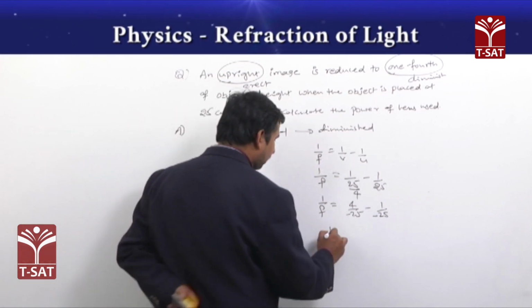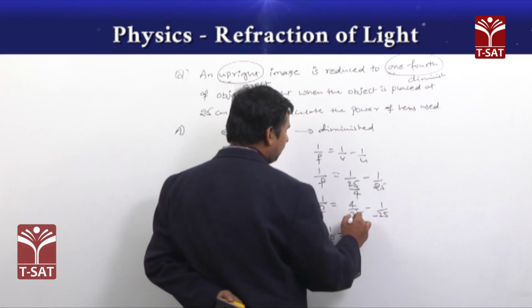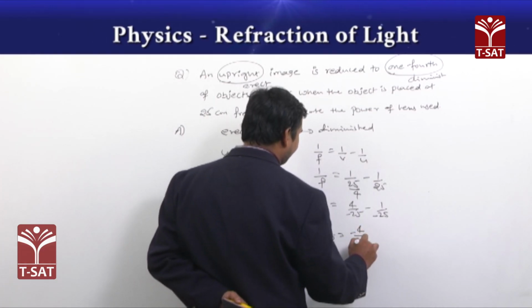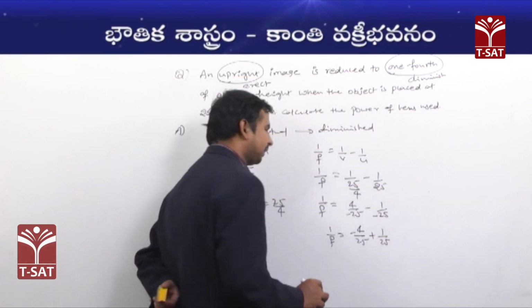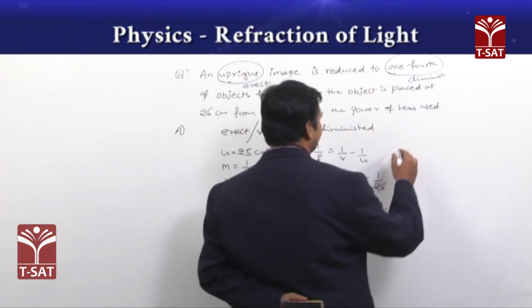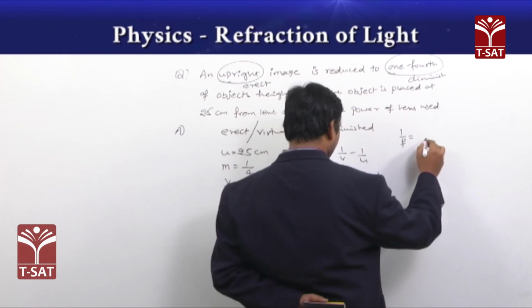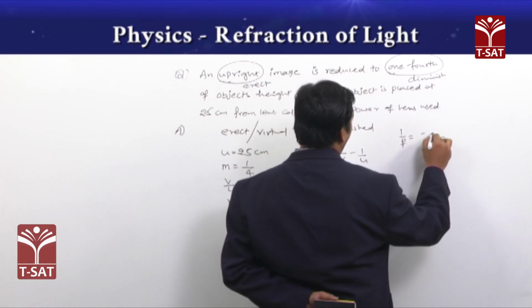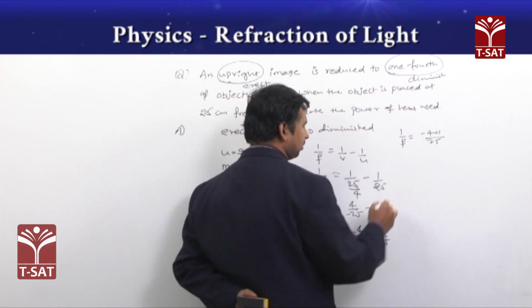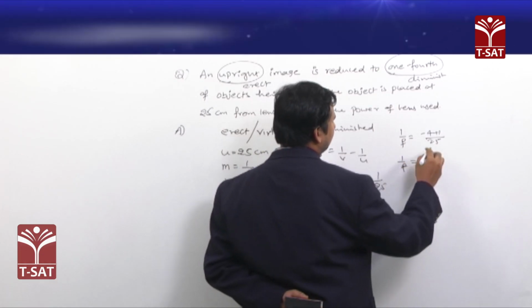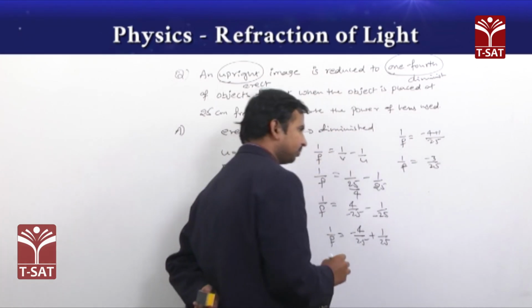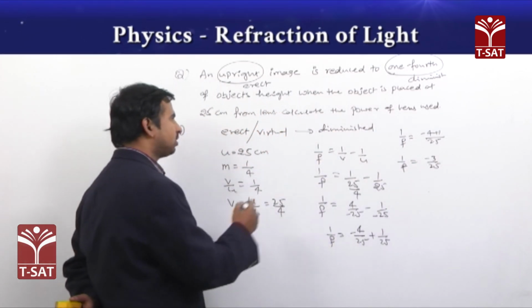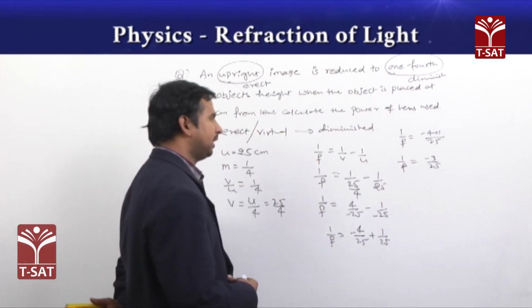Then we get 1/f is equal to minus 4/25 and minus of minus plus 1/25. Then 1/f is equal to 1/25 of minus 4 plus 1, which is 1/f equal to minus 3/25.